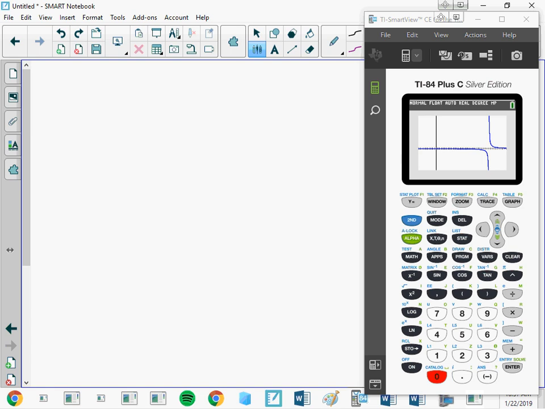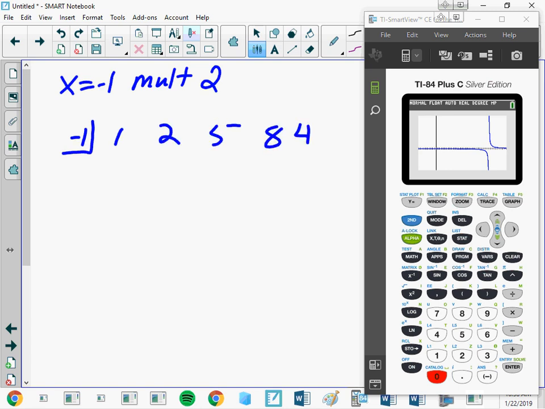Okay. x equals negative 1, multiplicity 2. What does multiplicity 2 mean? It means that negative 1 is a bounce. It happens twice, right? So if I put negative 1 into the function, 1, 2, 5, 8, and 4, I should get remainder 0.